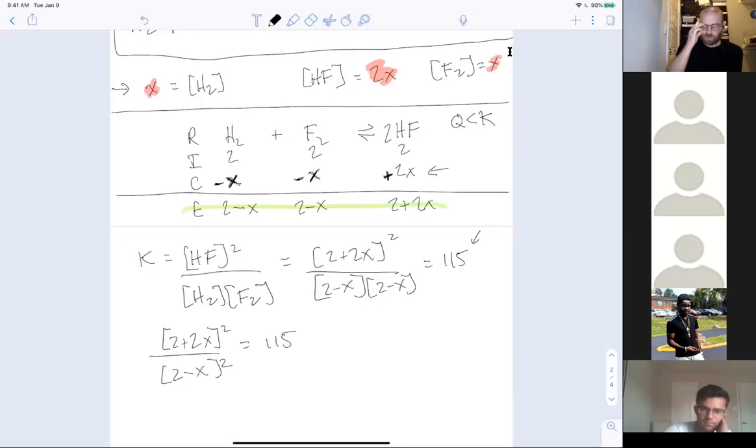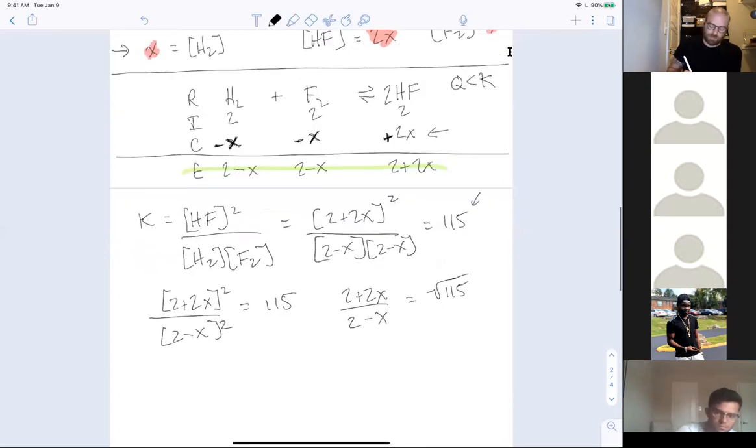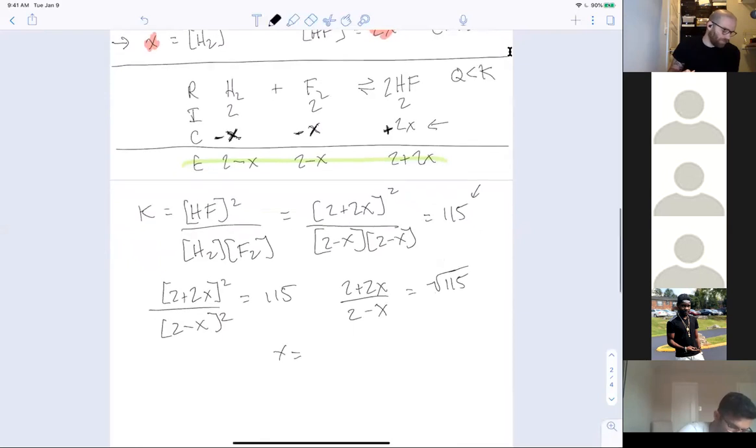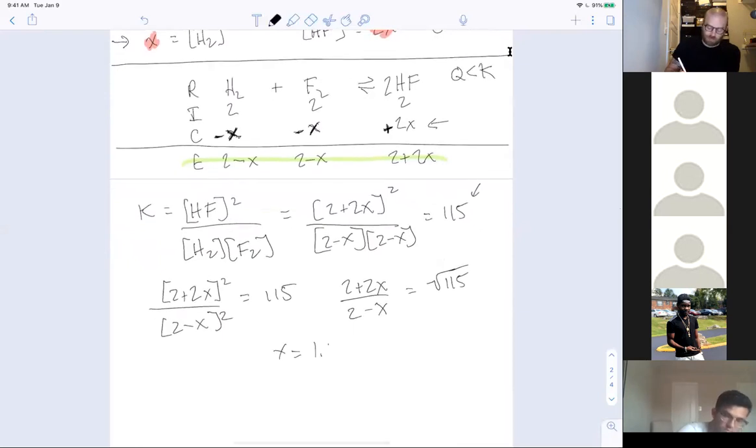So this one's set up to be super easy to solve. I just take the square root of both sides, and then eventually it's just standard algebra at that point. We solve for x and we get x equal to 1.53 molar.